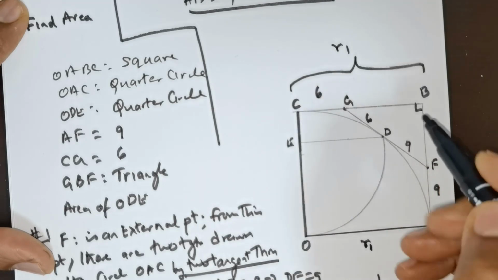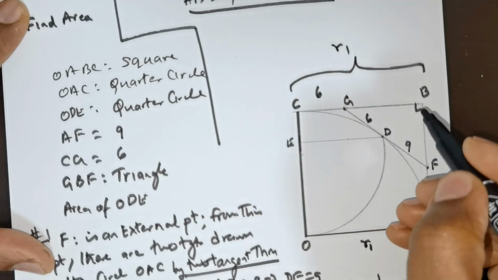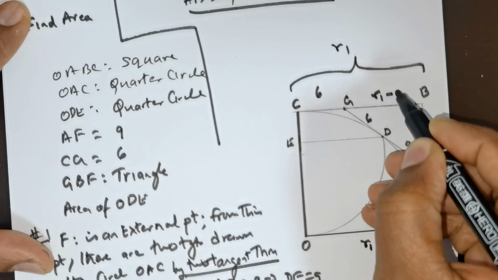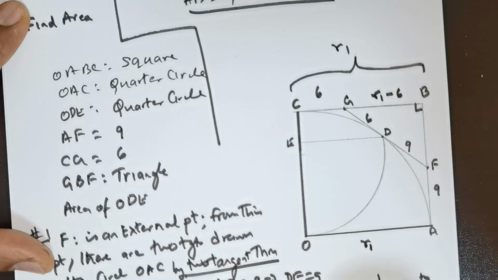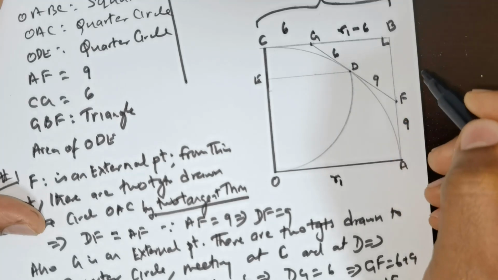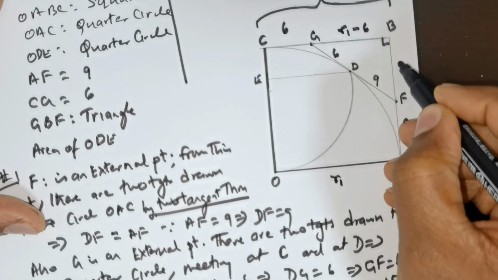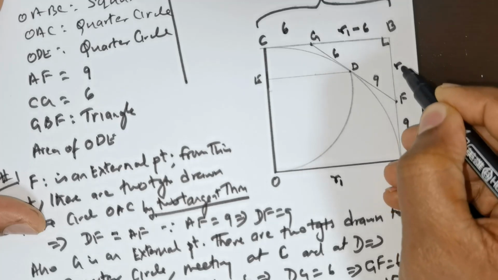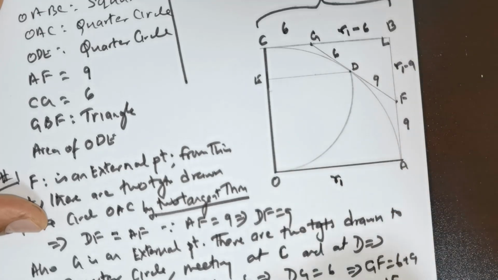This is equal to R1, but I want this GB. So GB is going to be R1 minus 6. This entire side is R1. I want BF. BF is going to be R1 minus 9. Fair enough.